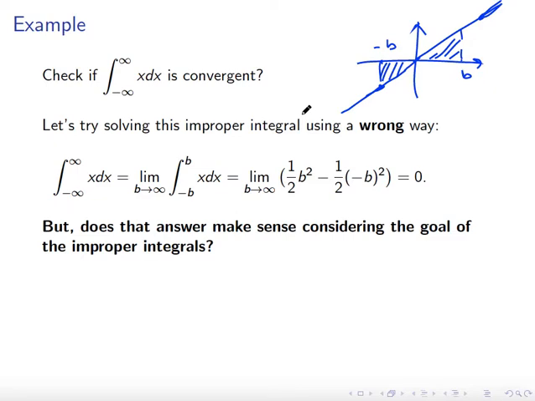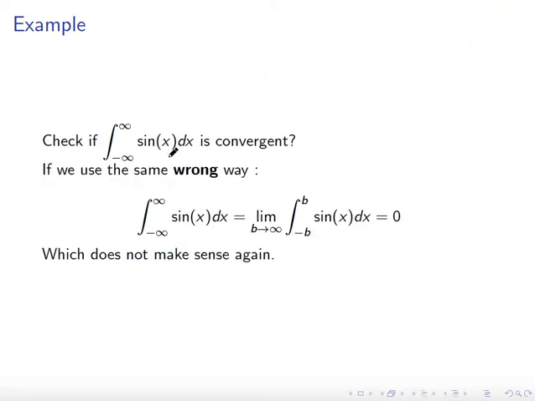Let's see another example. Let's do the same thing for the integral from negative infinity to infinity of sine of x dx. Again, using the same wrong way, we end up with 0. It's easy to check this, or you can use the symmetry of sine of x: sine is an odd function, and if you integrate an odd function over a symmetric interval, the answer is 0.